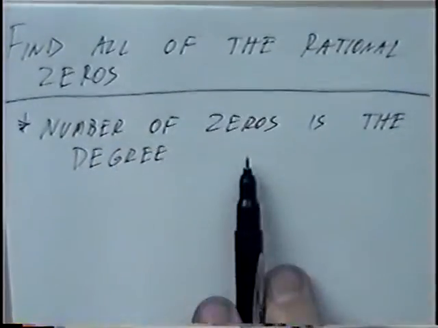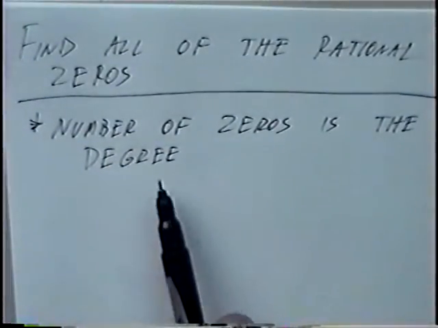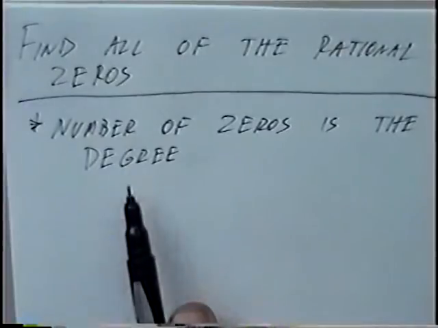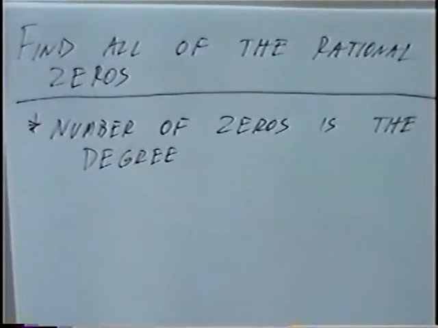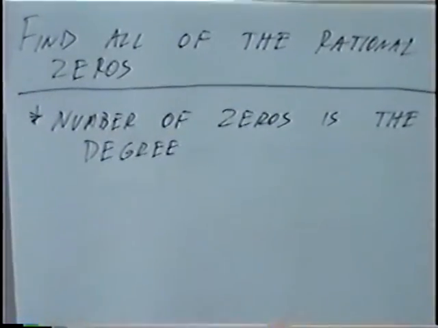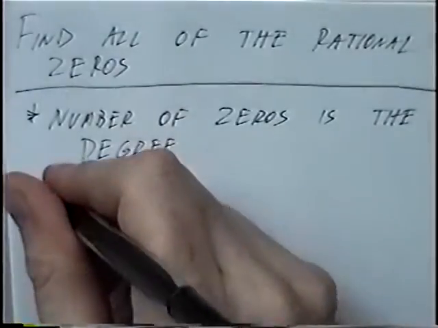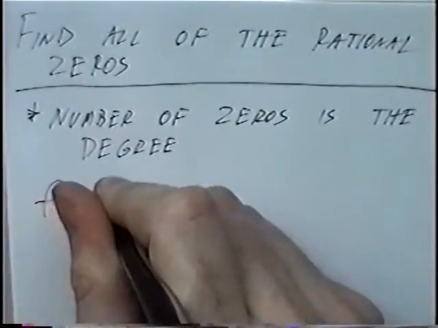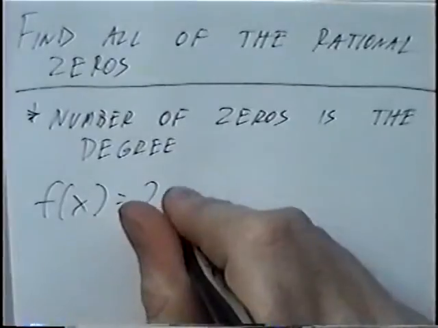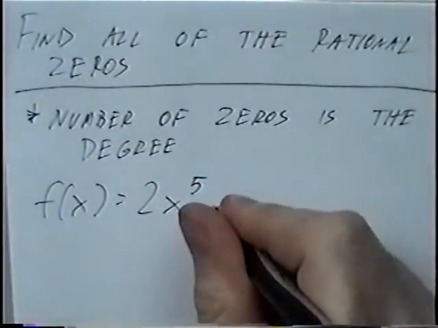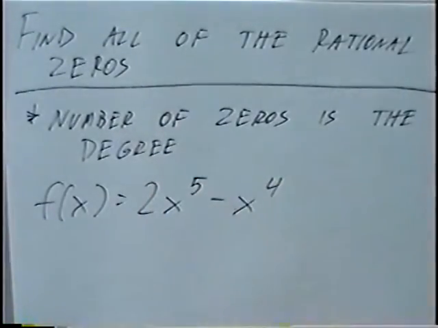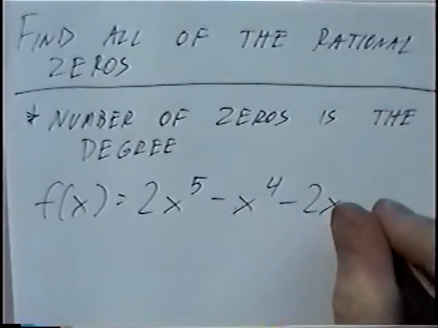For any function, the number of zeros for that function is the same as the degree. And if you remember, the degree is the highest exponent for any function. First function and only function for the section: f of x equals 2x to the 5th power minus x to the 4th power minus 2x plus 1.